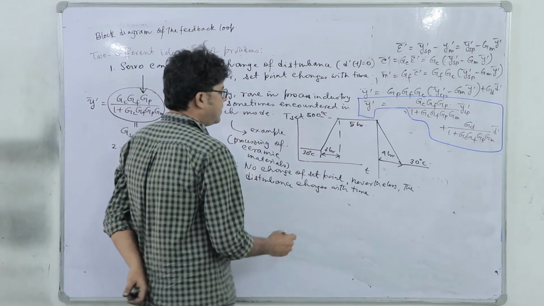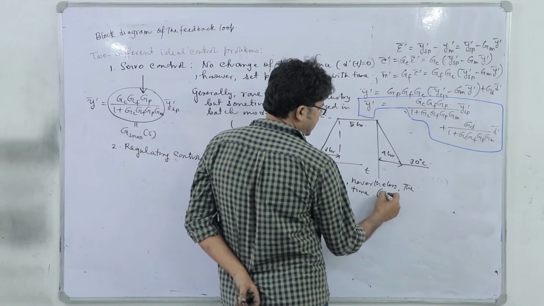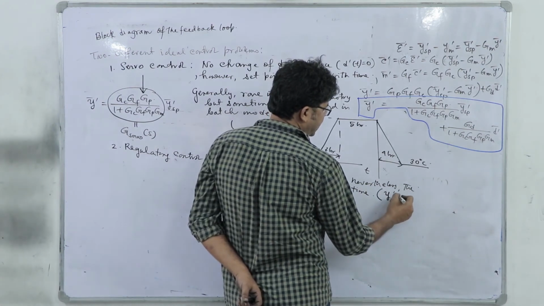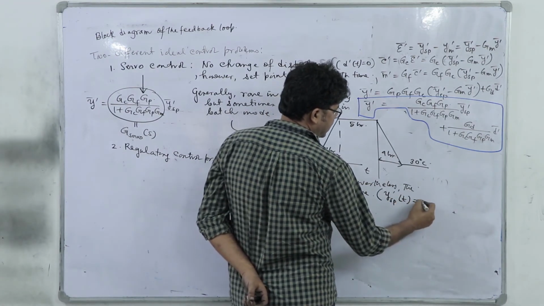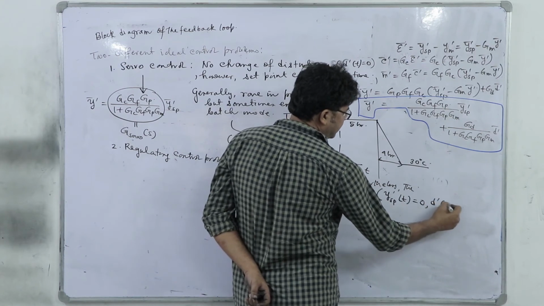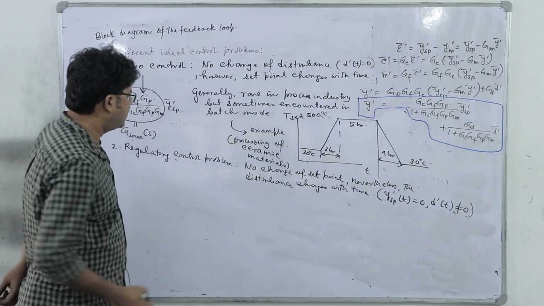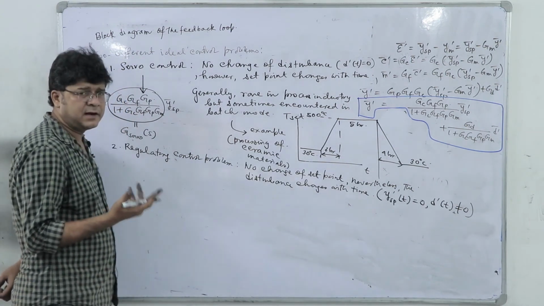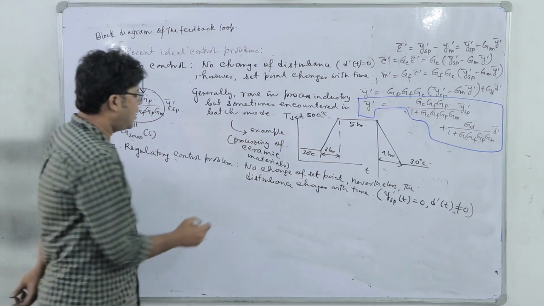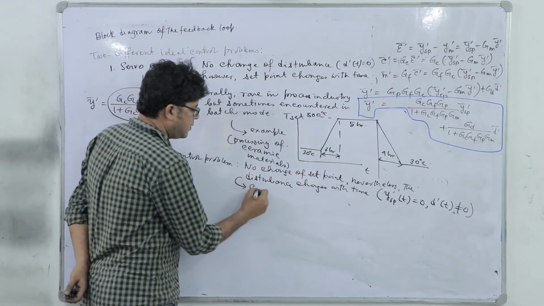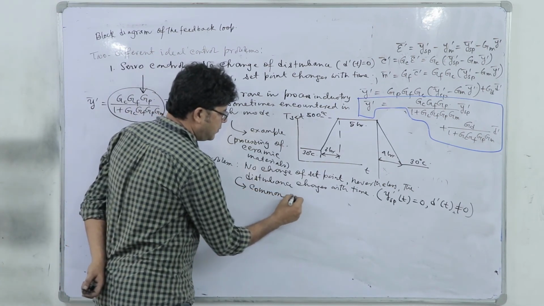So you see that Ysp prime t is equal to 0. However, this d prime t is not equal to 0. This is very common in process industry.